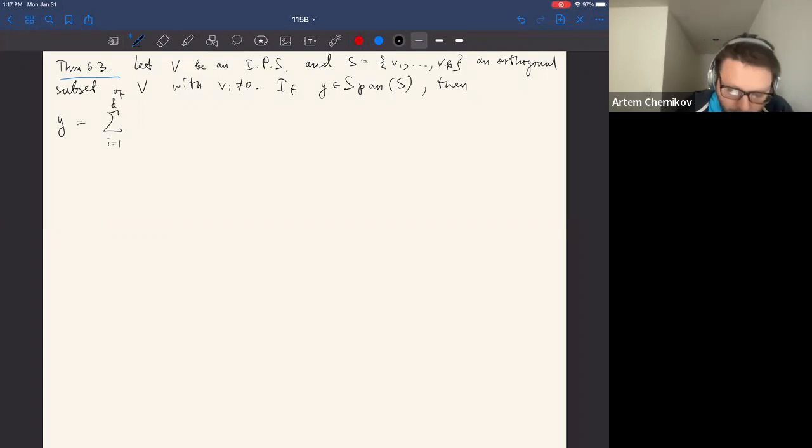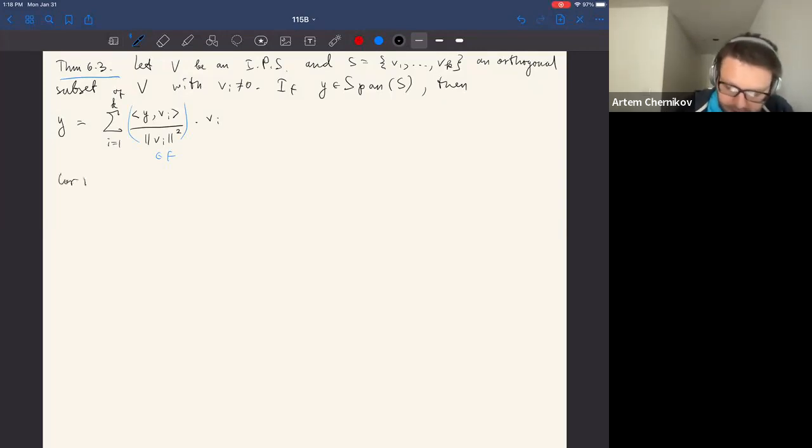And now for the coordinates, we have the following expression. So we take the inner product of y with vi and divide it by the square of the norm, so norm of vi squared, times vi. Okay, so note here, this is a scalar in F, and this is the corresponding coordinate of the vector y. So it's given by this explicit formula in terms of the inner products.